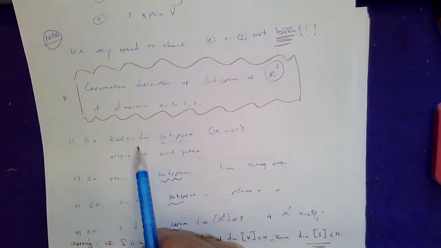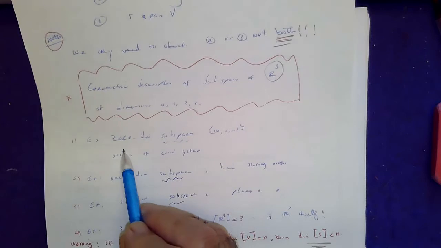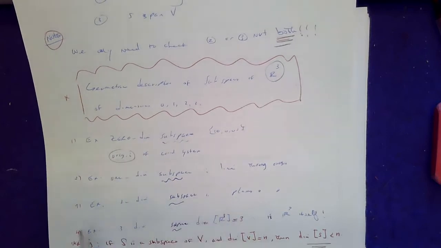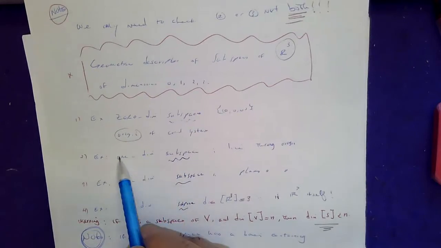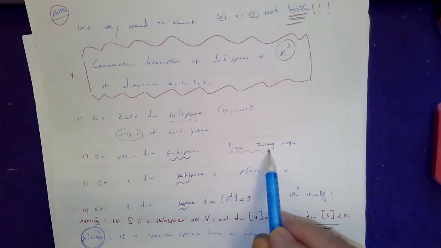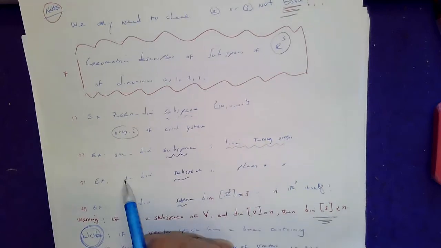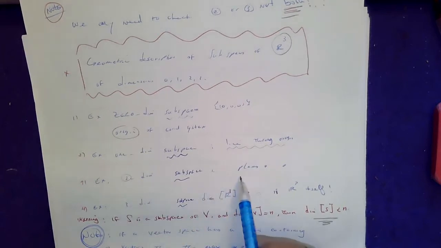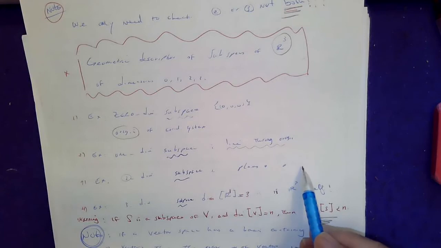If the dimension of the subspace of R3 is 0, then the geometric interpretation is just 0 in R3. If the dimension is 1, you have a line through the origin in R3. If the dimension is 2, then it's a plane through the origin in R3.